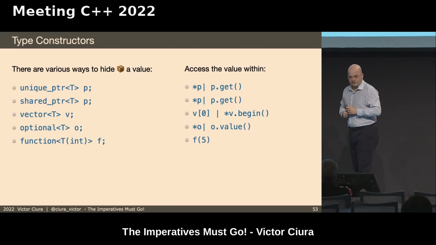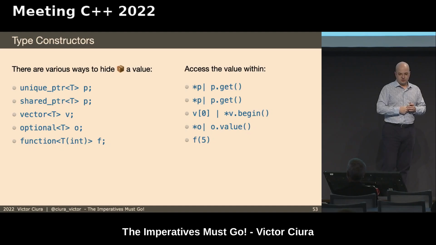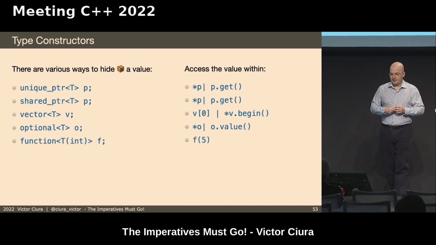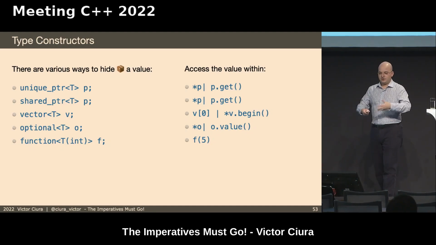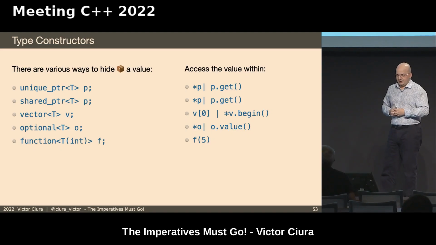So in C++, we have a few type constructors that are already there in the box, pun intended. Unique pointer and shared pointer, vector, optional, standard function, and many others.